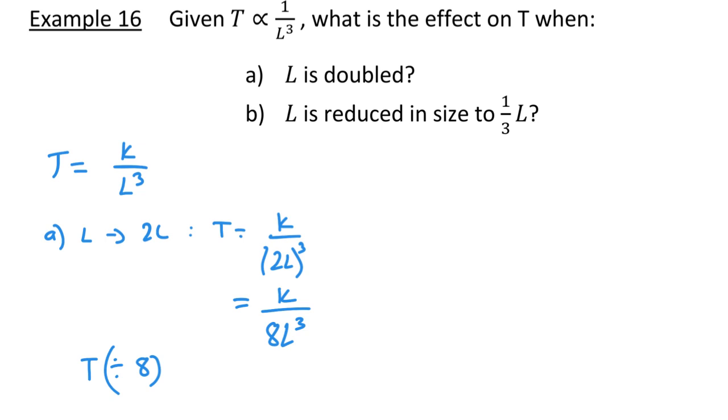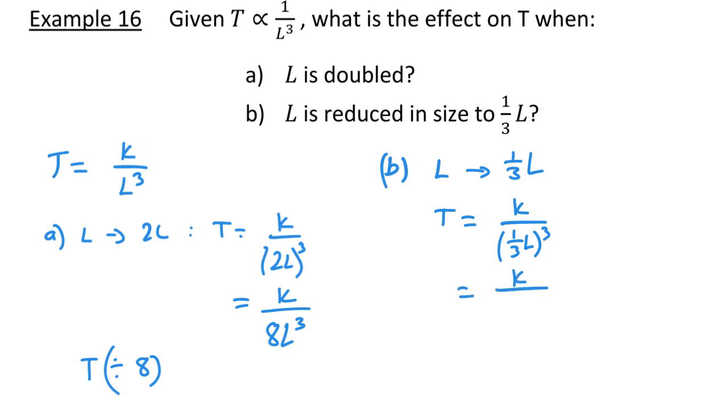In part B, if L is reduced in size to a third L, so we're going to replace L with a third L, we're going to have t equals k over a third L cubed, which is k over 1 over 27 L cubed. Now within this we've got a fraction within a fraction, which isn't very nice. So let's try and think about that in a different way.